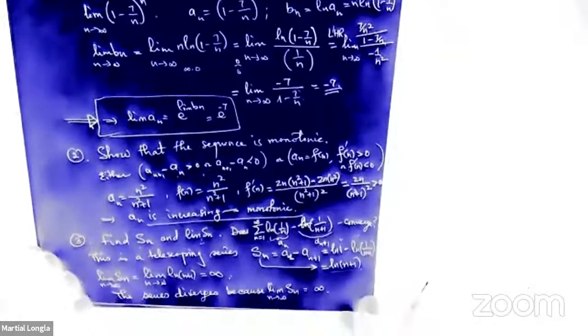That's the reason why it diverges, because the limit of the partial sums is infinity. And that's it for the first 3 questions.